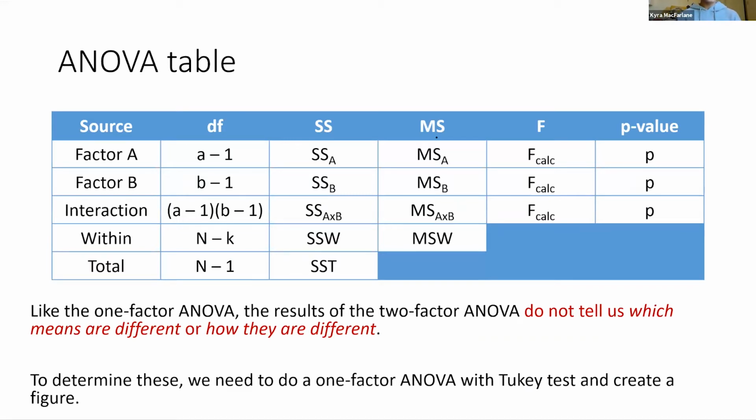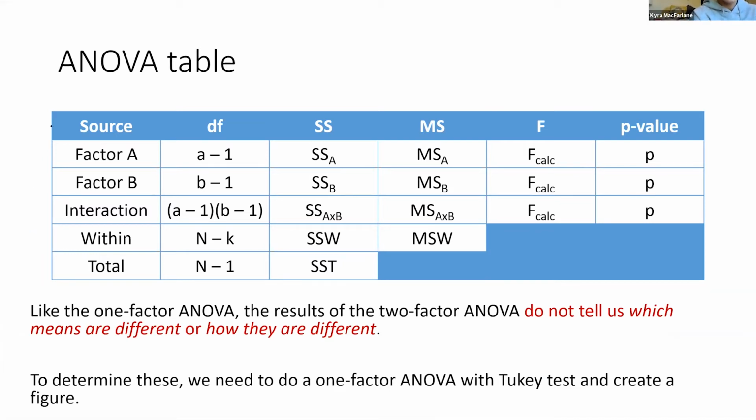When we do our two-factor ANOVA, we also get an ANOVA table just like we've seen with the one-factor ANOVA, except now we have a couple extra rows. We have sources, so we have factor 1 or factor A, factor B, and an interaction. We have within and we have total.